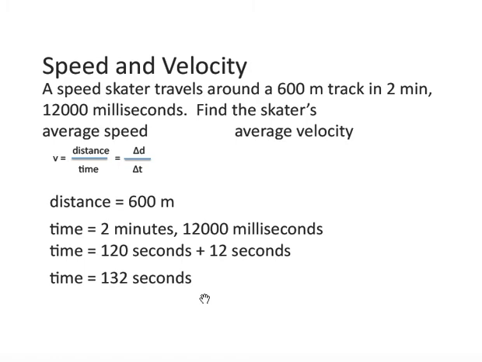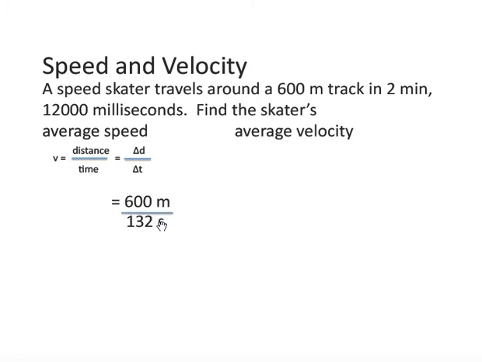So the total time is 132 seconds. And we do our division. And we get 4.54 meters per second. And that's 5 meters per second in significant digits. Why one significant digit? Because the number 600 only has one significant digit, not three, just one.